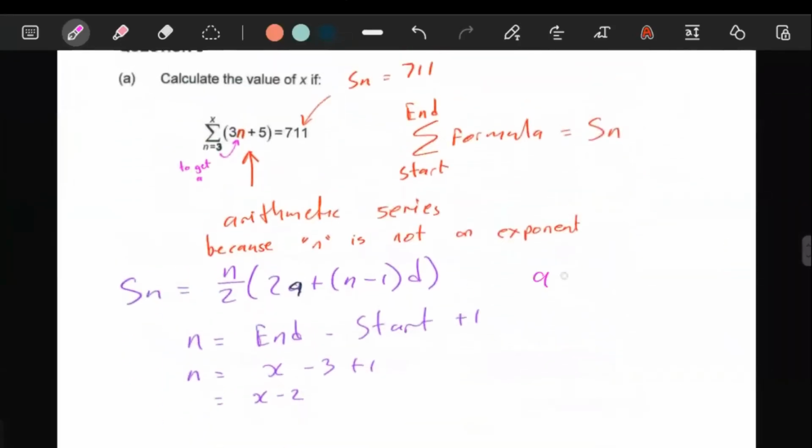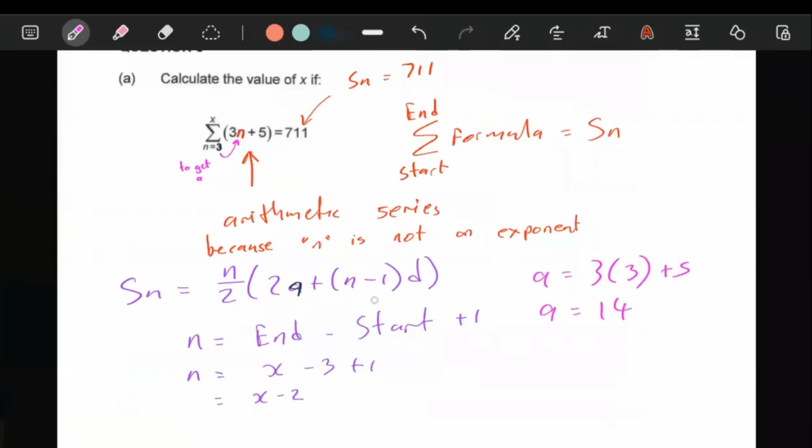So your a is going to be equal to 3 times 3 plus 5, which is 9 plus 5, which is 14. That's your value of a.